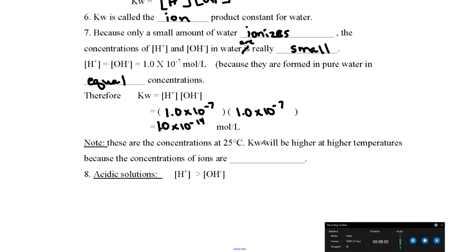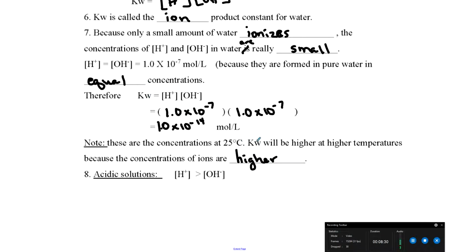You get a higher KW at higher temperatures. The reason is that at higher temperatures, the molecules are moving faster and have more kinetic energy, so they collide more frequently. You get a higher concentration of the ions, more of it ionizes, and a higher concentration of ions means a higher value for KW.